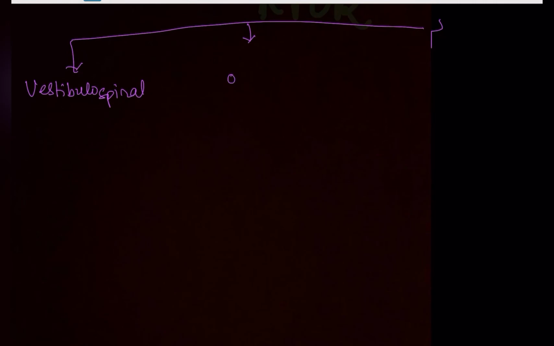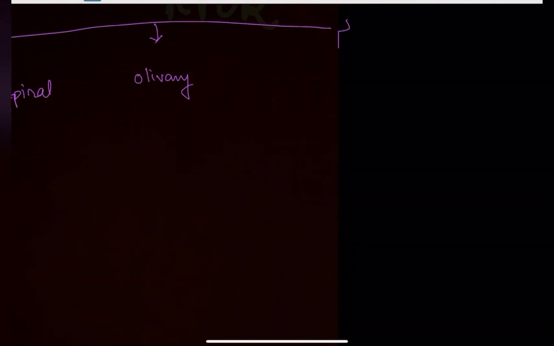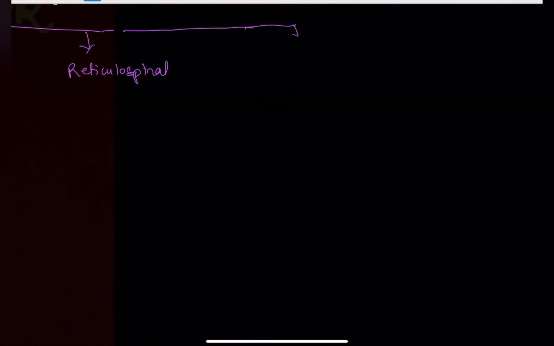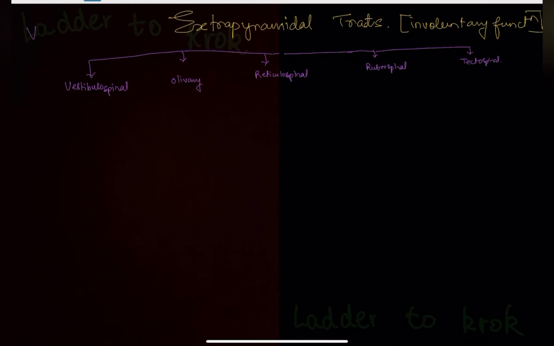Vestibulospinal, olivary, reticulospinal, then the rubrospinal, then the tectospinal. Now there's a mnemonic for you to remember this, that is VOR square T. That is vestibulospinal, olivary, reticulospinal, rubrospinal, and tectospinal. So this way you can remember them, VOR square T.